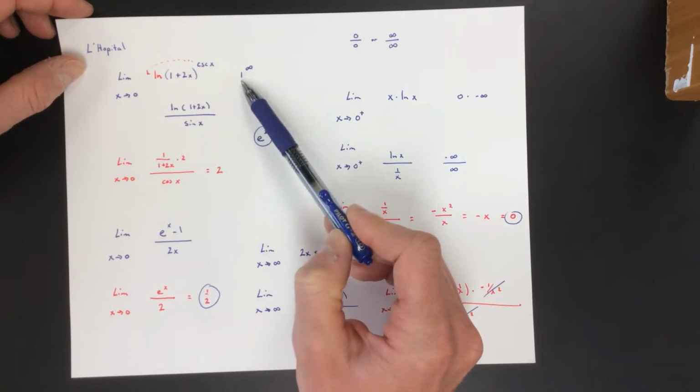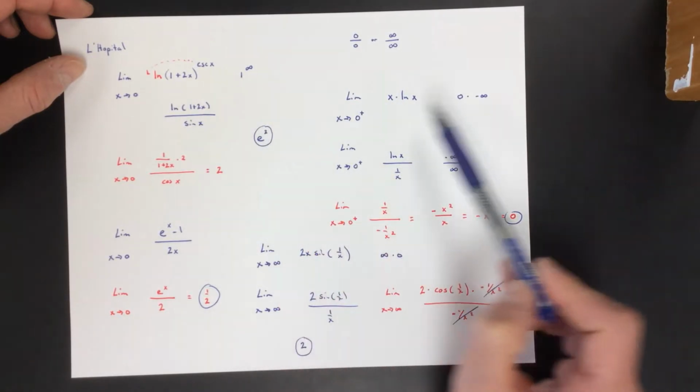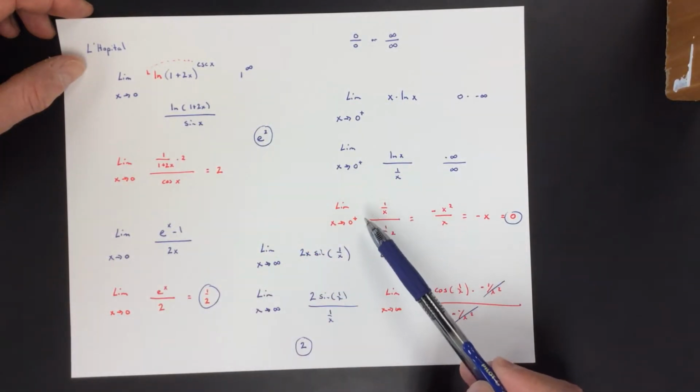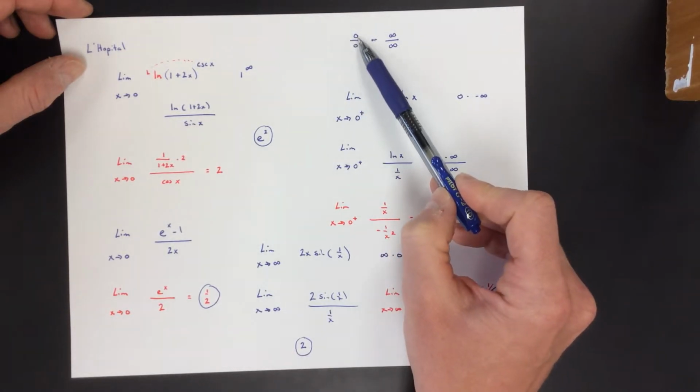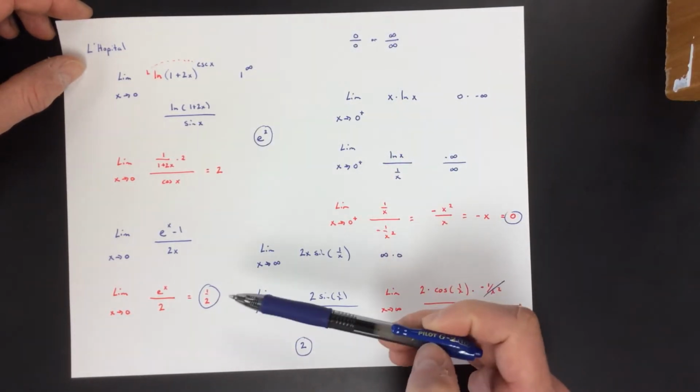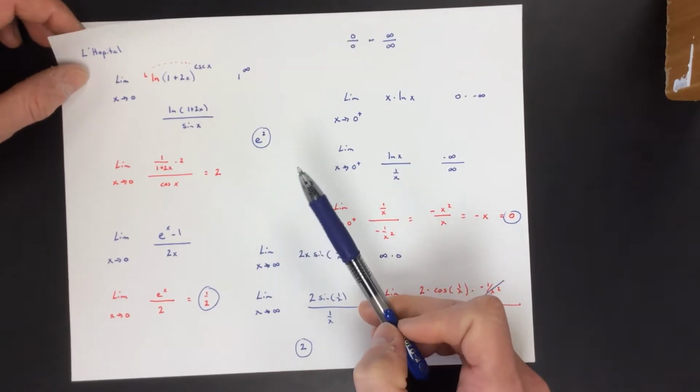So 1 to the infinity and 0 times infinity are kind of these tricks, and these are the more popular ones. If it's already 0 over 0 or infinity over infinity, then you can just apply L'Hopital from the get-go.